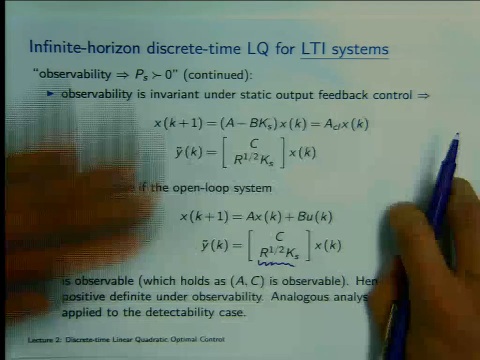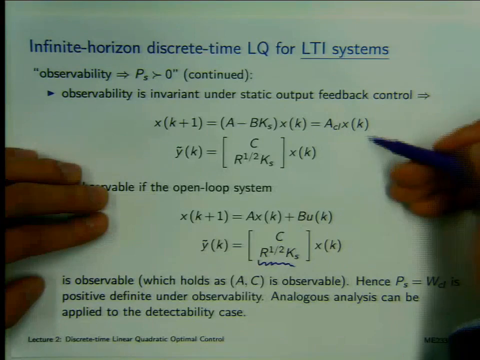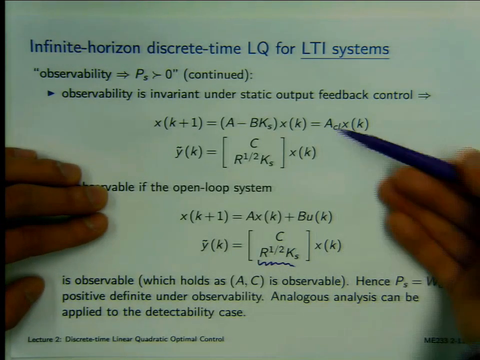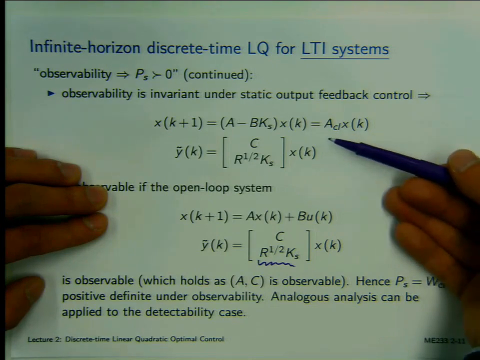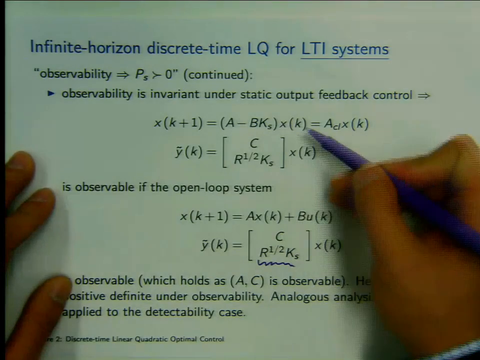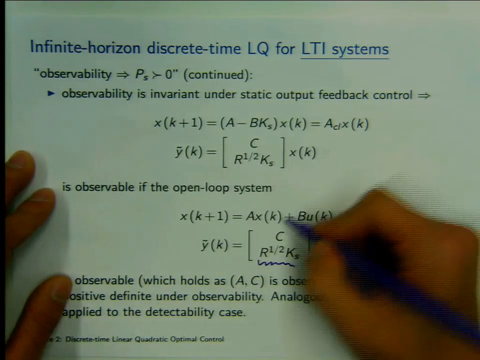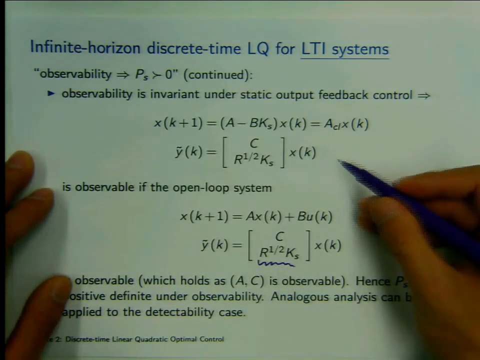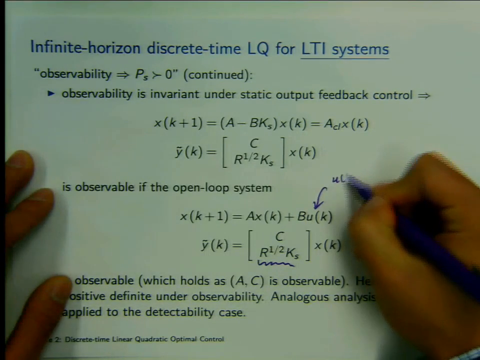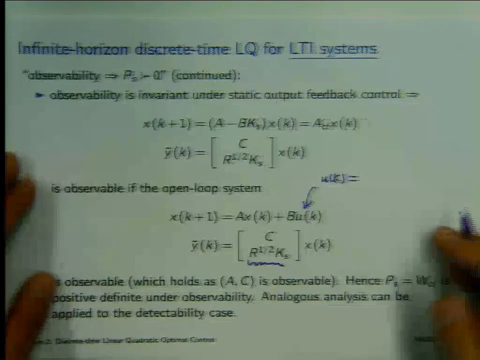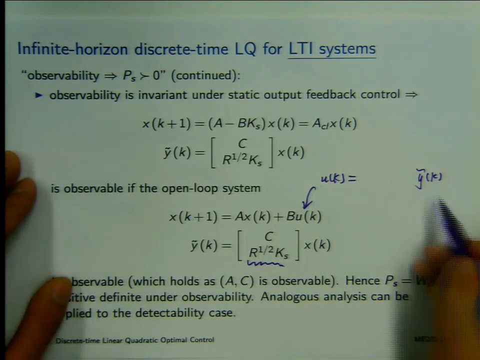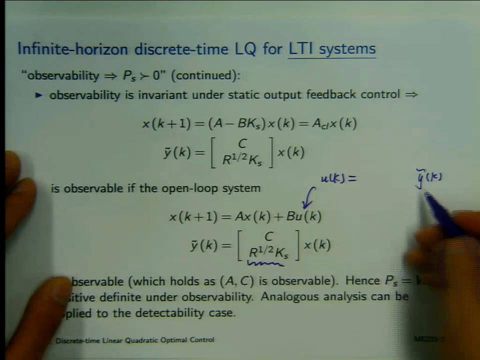Now, I was asking the observability of this guy here, which is the same output, but the state dynamics is a little bit different. But it doesn't matter, because this one is the closed loop system of this guy under a feedback control law. If I substitute U here as some kind of feedback dynamics, I'm going to feed back the output y tilde here.